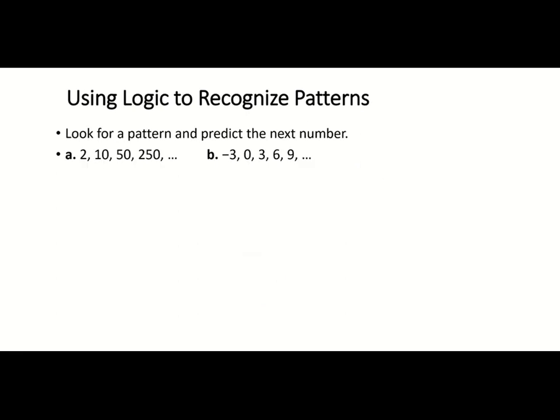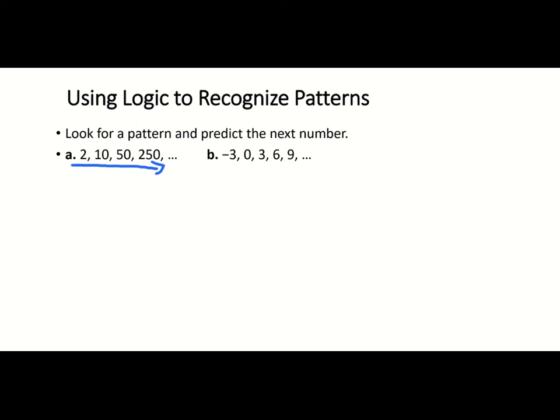Okay, so now we're going to look for a pattern and predict the next number in the pattern. So for our first one, when I look at number patterns, the first thing I always do is look to see, are they increasing or are they decreasing? And if you notice in this pattern, all of our numbers are getting bigger as we move from the left to the right.